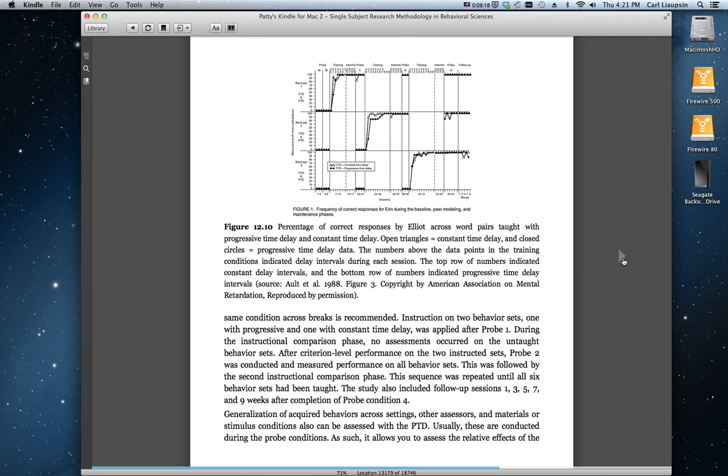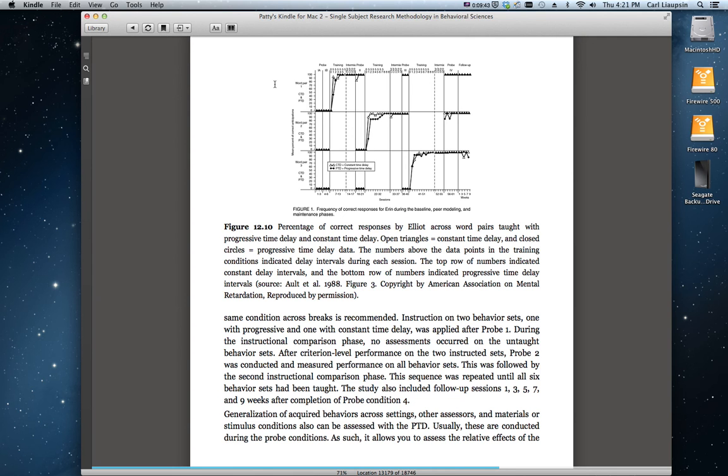Let's see if they got a better example here. You could see that you could identify, let's say you had a particular intervention for teaching, I guess in this case it was vocabulary acquisition, and you had sets of flashcards. If you had similar words, then you could teach using different methods.